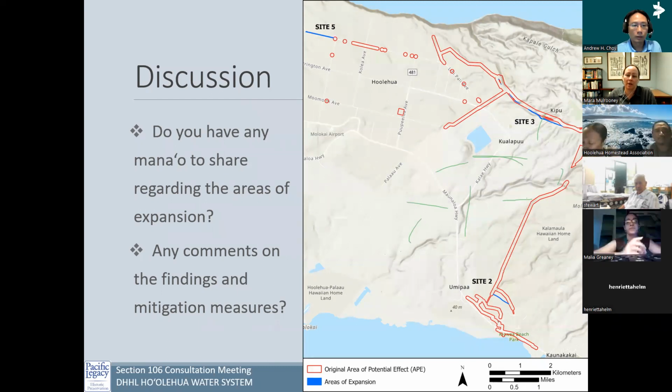In terms of designation as a historic district, for example, or a traditional cultural property, to my knowledge, no nomination has been made for the overall area. So there are individual sites that were inventoried back in the very early 70s, but there hasn't been an effort, to my knowledge, to register it as a historic district, for example. Okay.